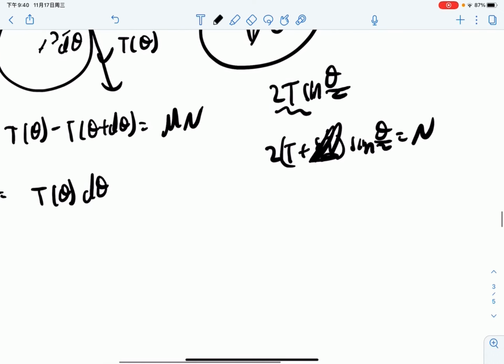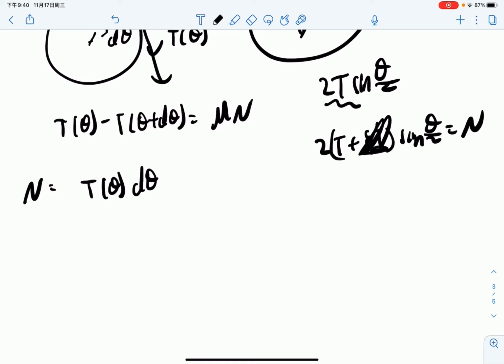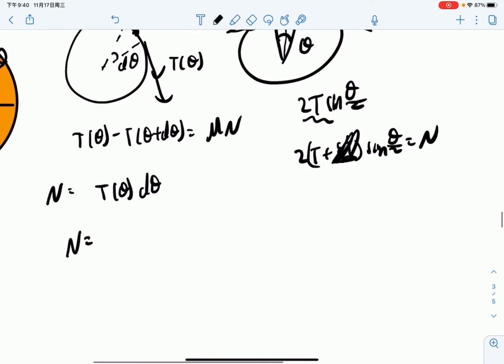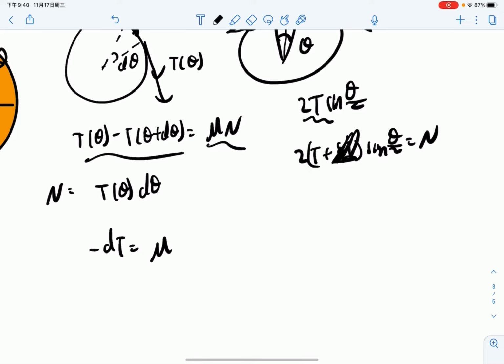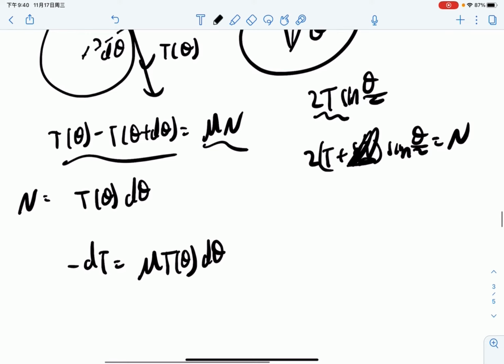So now we can get, this term is dT, and this term is mu T theta d theta, right? D theta mu T theta.